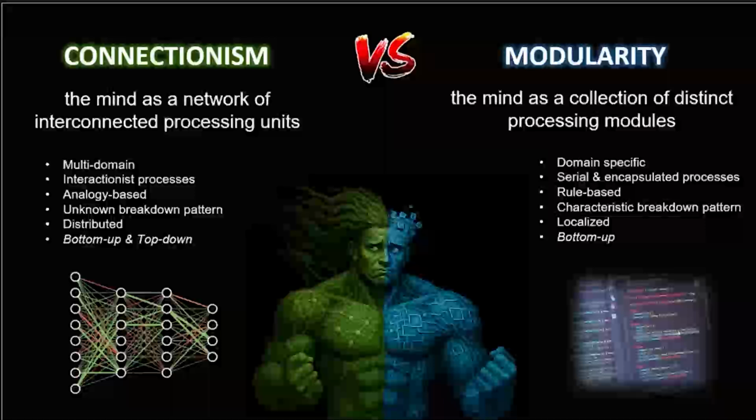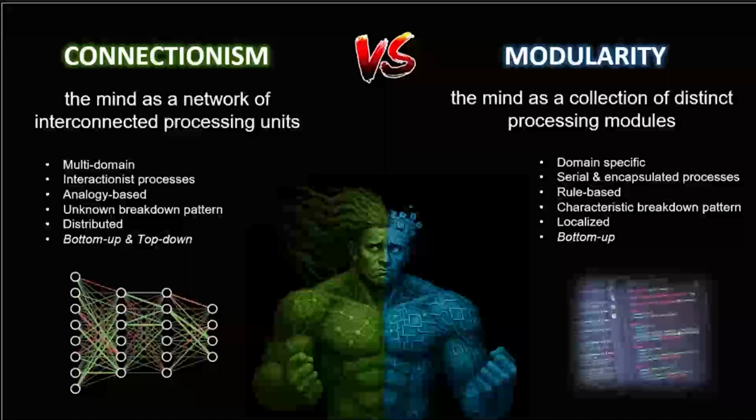And modularity is more domain specific for each module. It believes in rule-based processing, right? We apply rules to process the information, then we move on to the next rule. And it's more localized. It believes that there are certain brain areas which really do X, or it's more appropriate to say certain behaviors can be localized to certain parts of the brain and so on, okay?